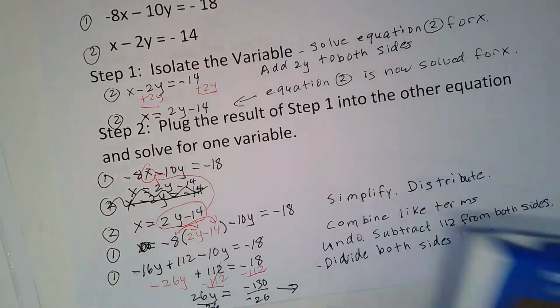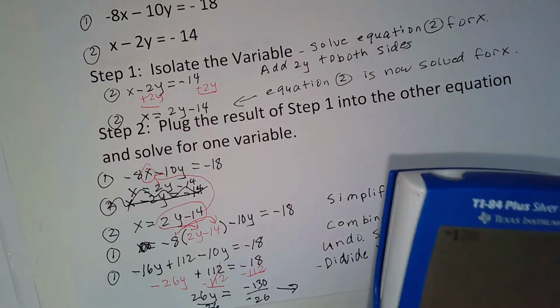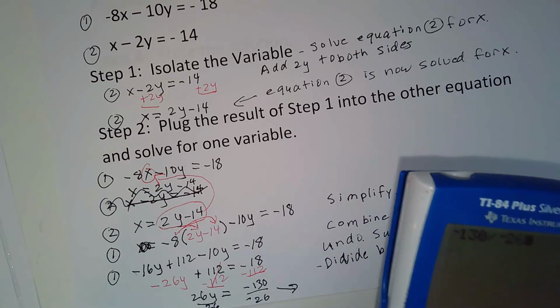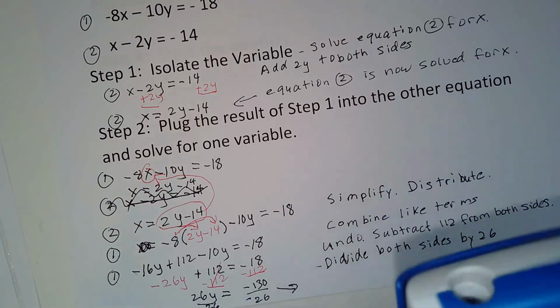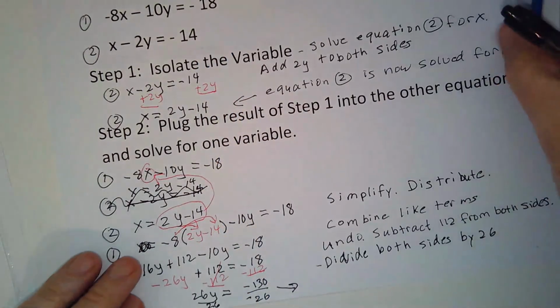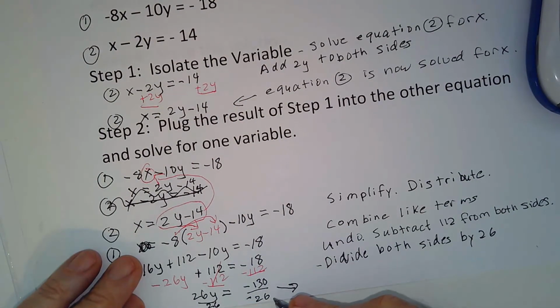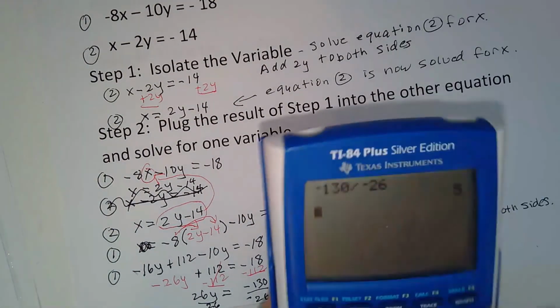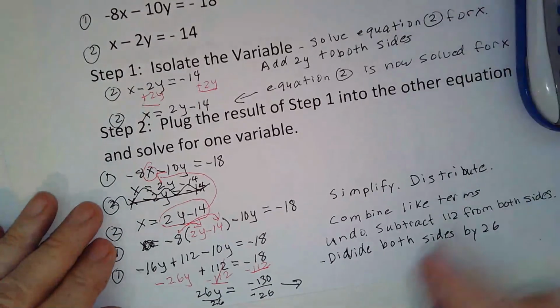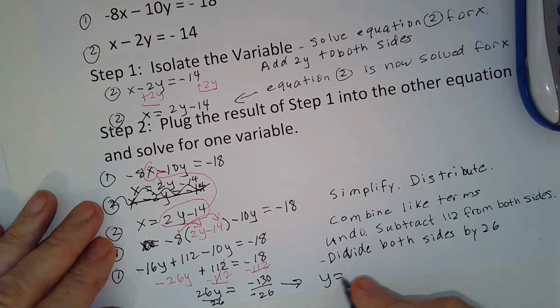So negative 130 divided by negative 26. And so that's positive. Answer is positive 5. So y equals 5.